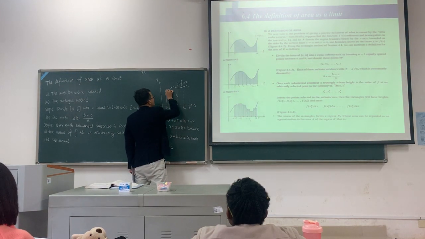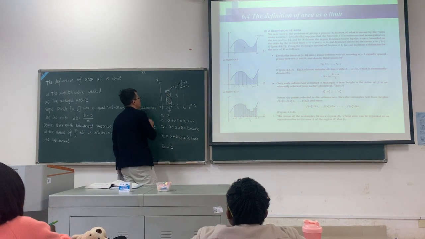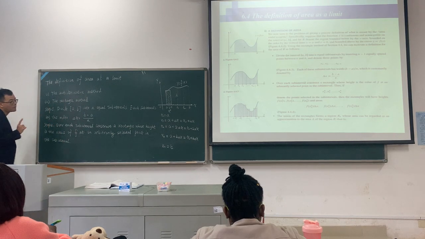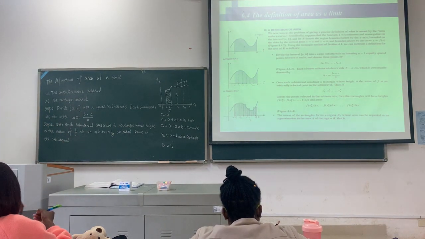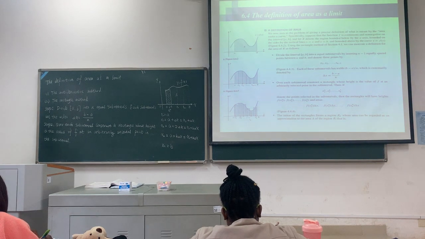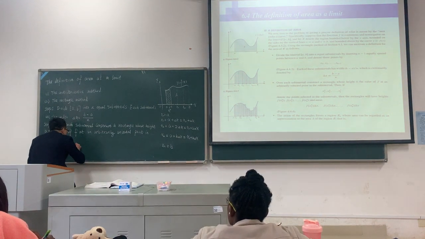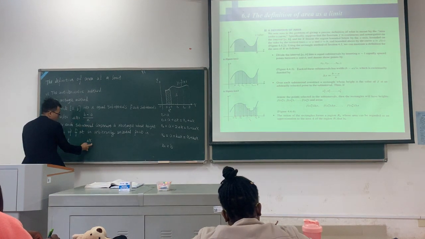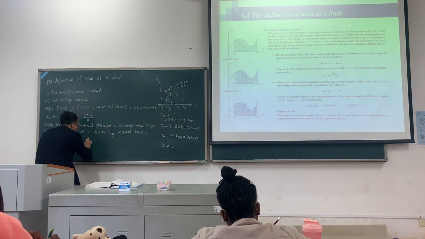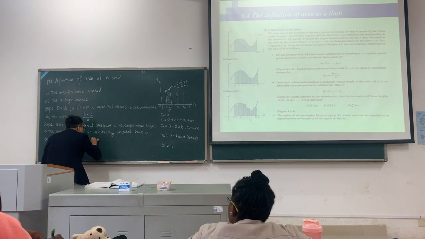So this is the first rectangle. The area of the first rectangle is what? The area of the first rectangle is delta x, this is the width, and the height is f of x1 star.